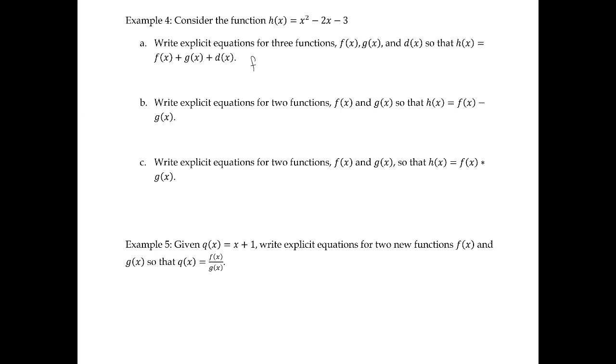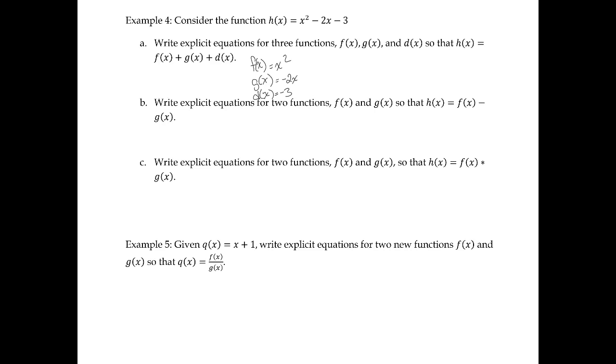So I would say maybe f of x is x squared, g of x is negative 2x, and d of x is just negative 3. That would be the absolute simplest way of doing this.